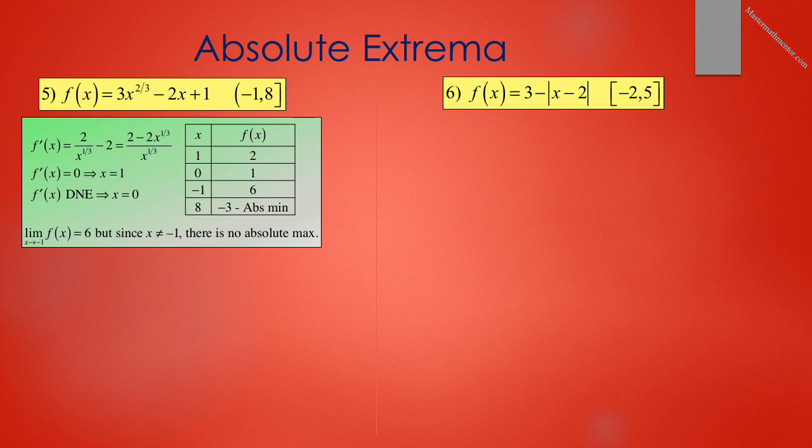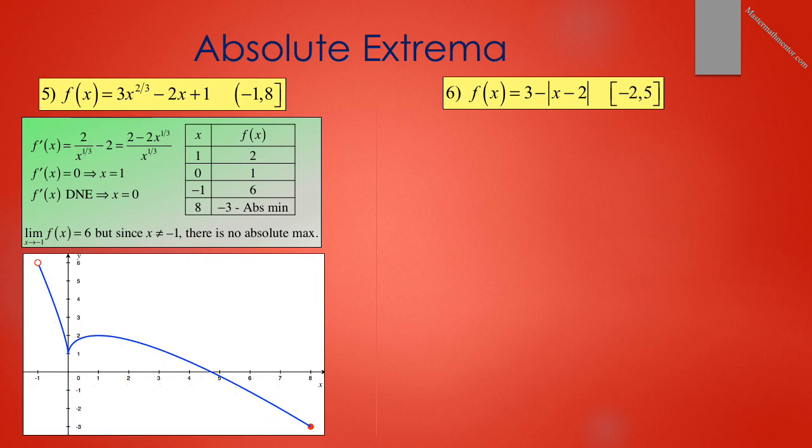Now, the limit of f of x as x approaches -1 is 6. So this curve gets higher and higher with a limit of 6. But since it never actually gets to 6, there is no absolute maximum. The graphic confirmation shows that the graph has a cusp point at x is equal to 0.